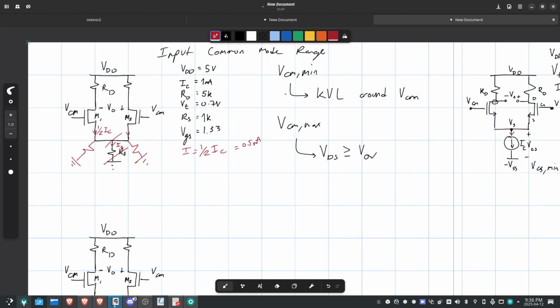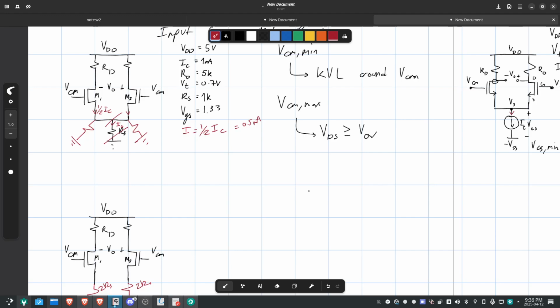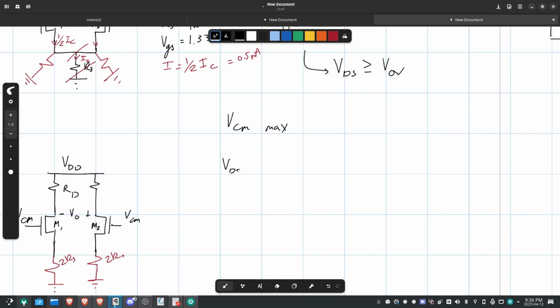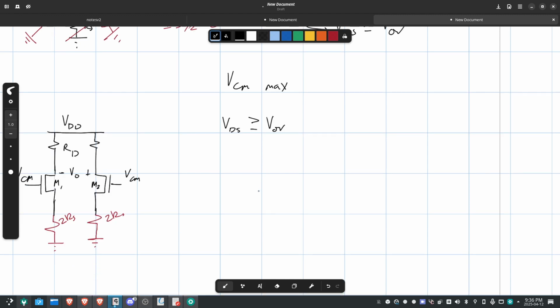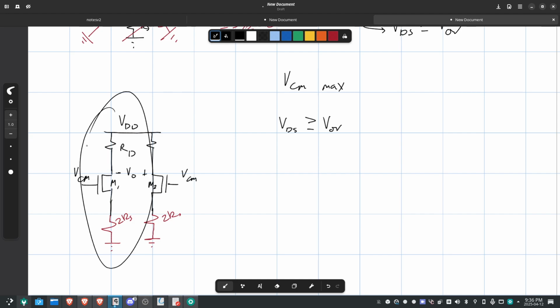So let's do VCM maximum first. Let me pull up my notes so I know I'm not wandering off from the right path. So VCM max: VDS is greater than or equal to VOV. How does this help us? Well, we don't know VDS, but we can put it in terms of what we do know. We know everything around VDS.